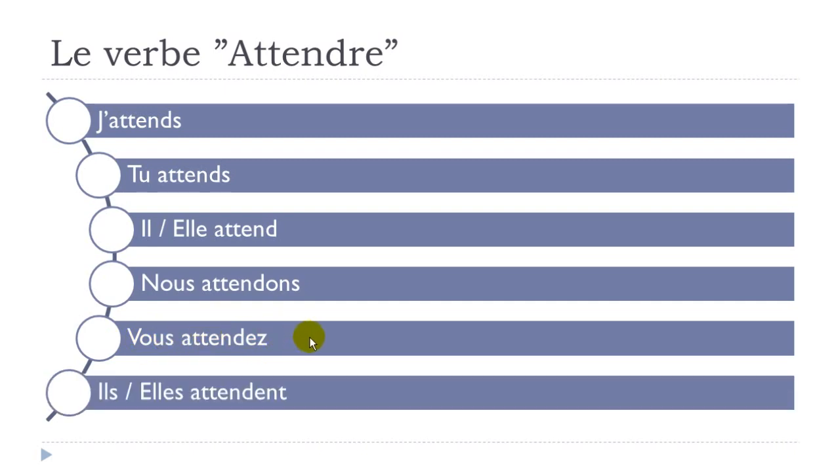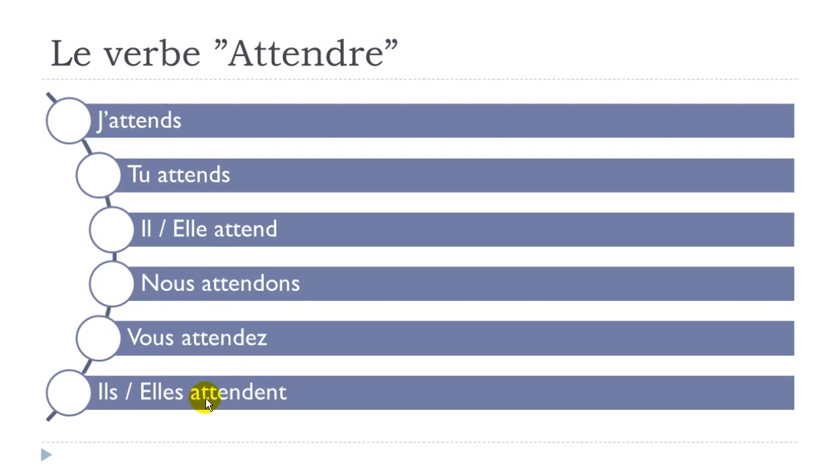And the last one, same thing, classic ending for ils, elles in the plural form, E-N-T, but you don't pronounce them. Ils attendent, so remember you pronounce the D at the end. Elles attendent.